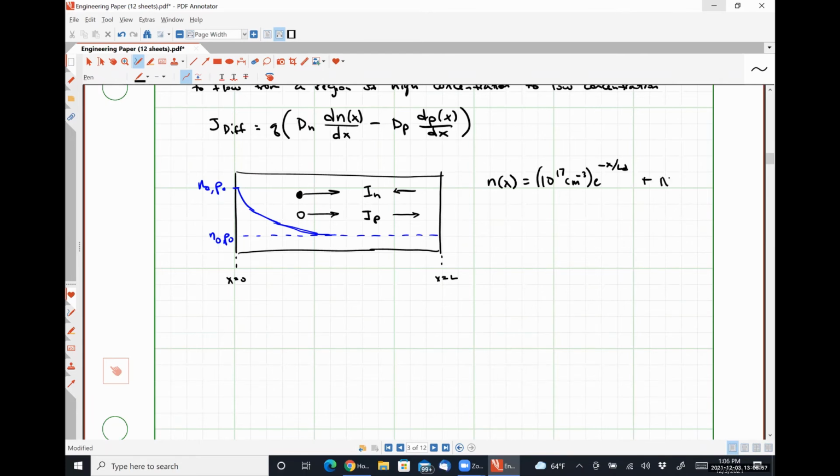Plus ND, and then PX is similar, 10 to the 17 per cubic centimeter, e to the negative x over LD plus NI squared over ND.